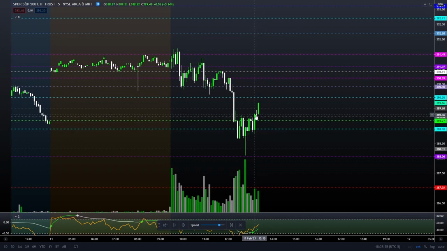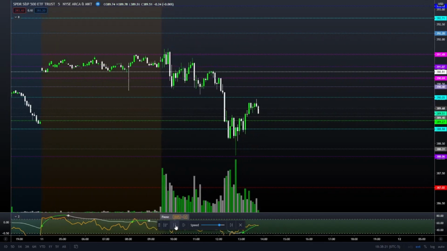Even though it is a small sell candle, we do have the properties that we're looking for. We've got a candle right here that closes above 389.27. This candle has separation from that level and has a point where it did push above the highest point on this candle. So on this candle right here, we're good to take calls and see how that trade works out.